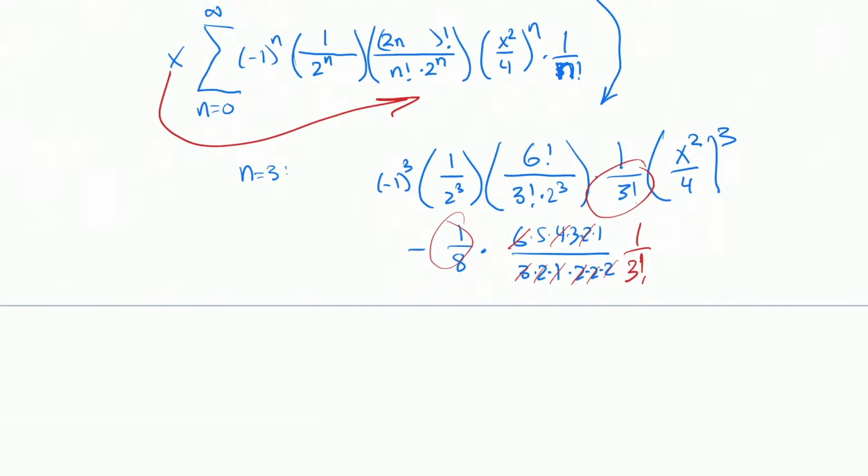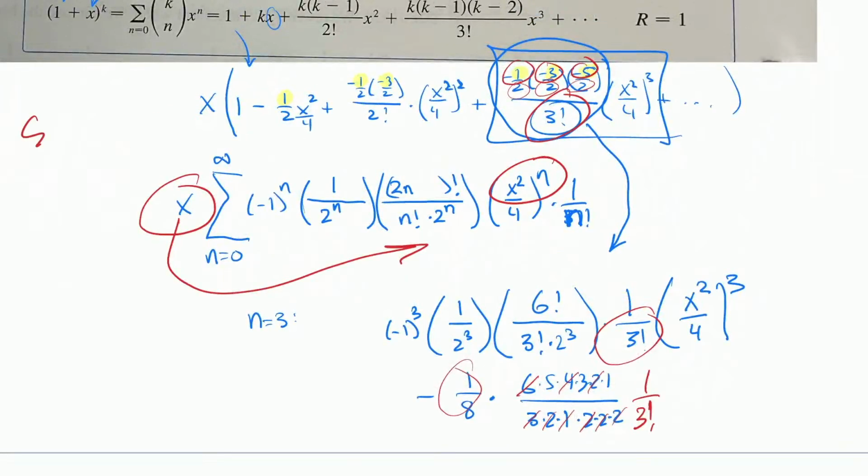So the final answer is going to be some nasty expression with a bunch of n's times x to the 2n plus 1, because you have x to the 2 in there and you have an extra x there. Multiply it all through. I'm sure the back of the book has something similar. It might not be quite as complicated as mine. Probably they combined the 2 to the n stuff. But yeah, so this is super hard. Super hard. Not on test.